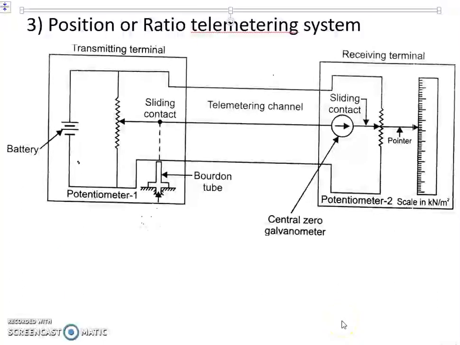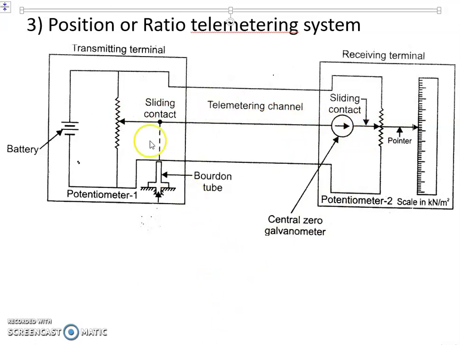Now let us discuss about position or ratio telemetering system, which is the third type of telemetry system. So in this system, there is again a transmitting terminal, a transmitter, and a receiver part, and there is a telemetering channel through which the data is transmitted.